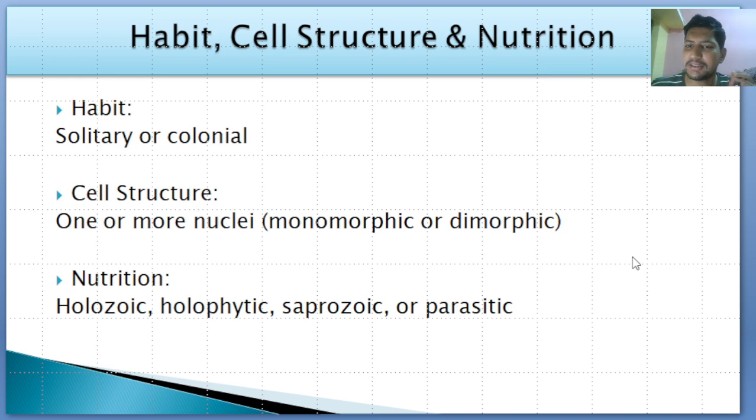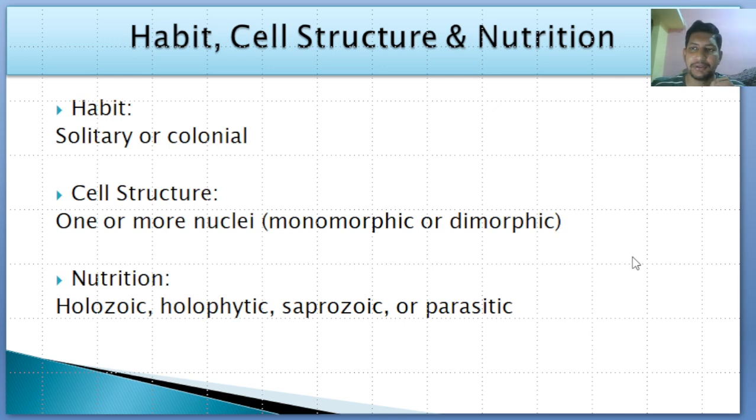See, paramecium is the best example of an animal with dimorphic nucleus, means it has a smaller nucleus called micronucleus and a larger nucleus called macronucleus. So presence of two types of nucleus, small nucleus, micronucleus, large nucleus is called macronucleus. Okay, I hope it is clear.